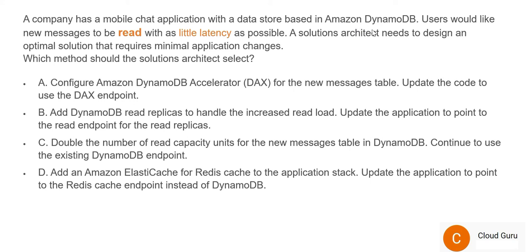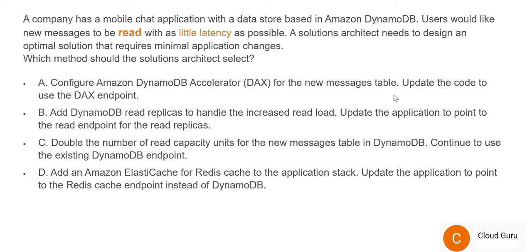DynamoDB is a NoSQL database. It is not an RDBMS. The caching for DynamoDB is always provided by DAX, that is DynamoDB Accelerator. Caching for DynamoDB is not provided by ElastiCache or Memcached, etc. Okay.